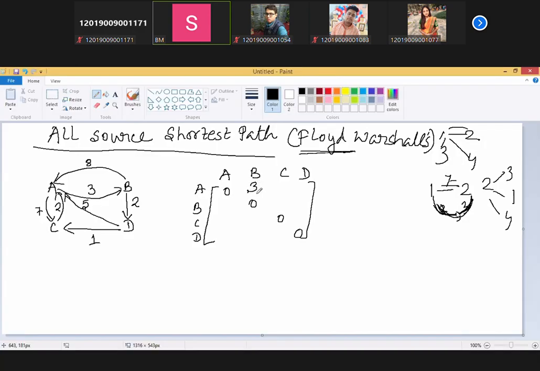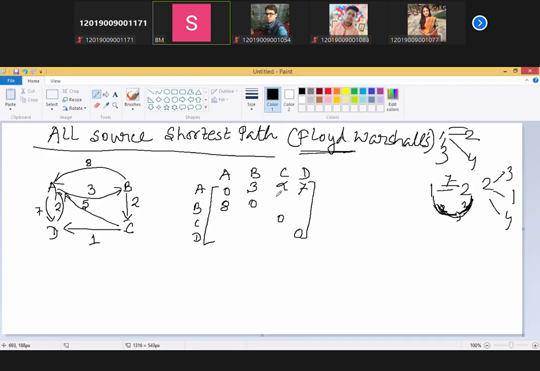A to B is 3. A to C, no connection. Oh, sorry, wait. Take this one as D and this one as C. So A to C, no connection. A to D is 7. B to A is 8.